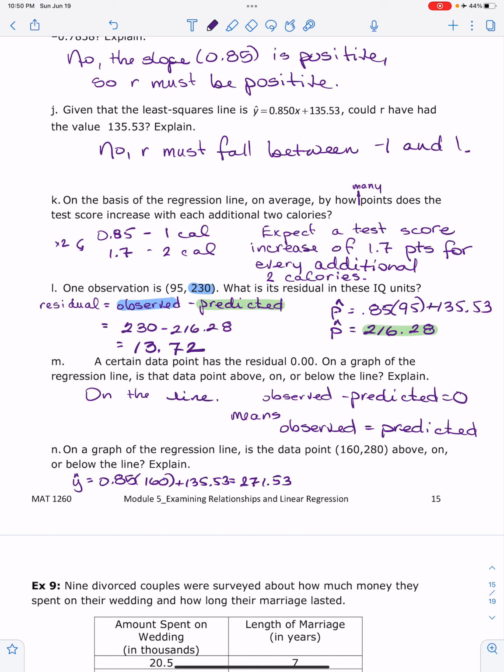So my predicted value is 271.53. So our point is above the line. Because 280 is greater than that 271.53.